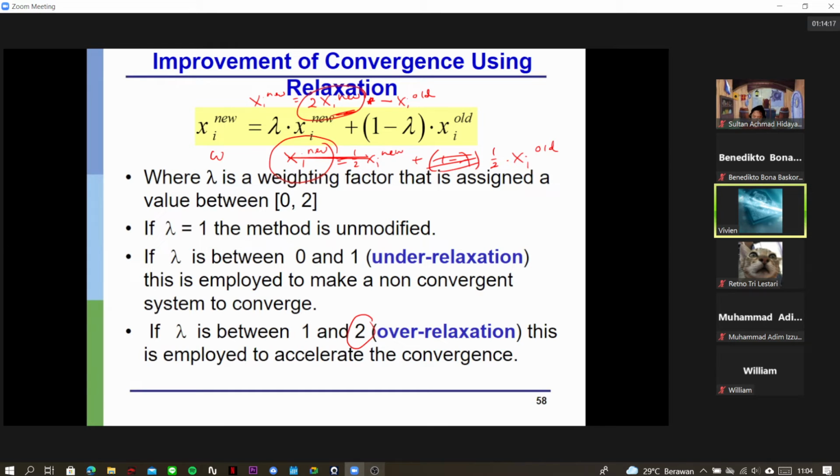But overall, this does not affect the result in general. As long as we have the same level of prescribed error, it will only make the convergence faster or slower.